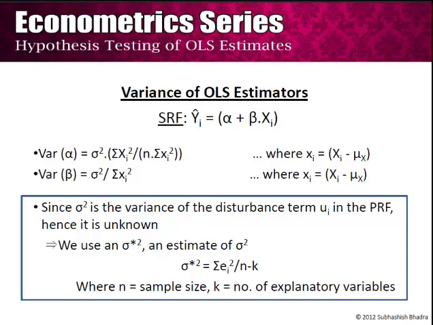Summation ui square corresponds to the population regression function, whereas summation ei square corresponds to the sample regression function, and hence is only an estimate of summation ui square. We divide it by n minus k, which is the degrees of freedom of ei square. In this case, since we are estimating two coefficients alpha and beta, k equals 2 and n is the sample size. So in the formula for the variance of alpha and beta, when we are talking about sigma square, we will actually use an estimate of sigma square, which will equal summation of ei square divided by n minus k.